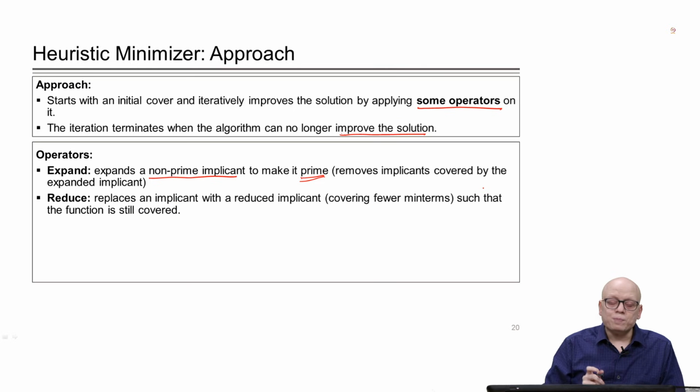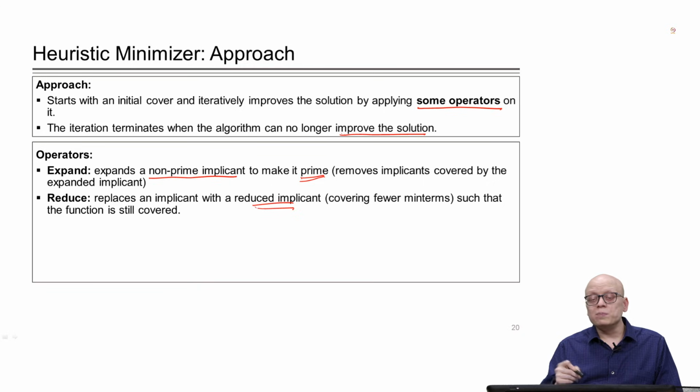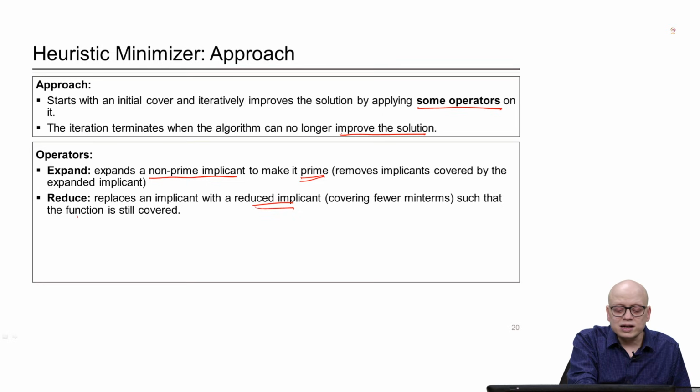Then the other operator is the reduce operator. The reduce operator replaces an implicant with a reduced implicant, so it will cover fewer minterms. The cover size will not change, and the function will still be covered, because it replaces an implicant with a reduced implicant such that the function is still covered.